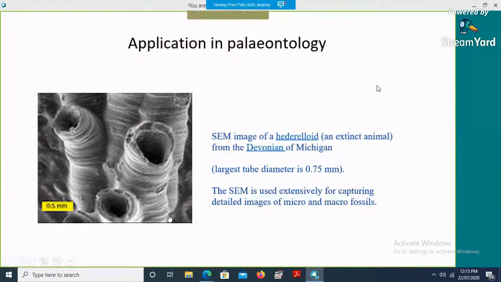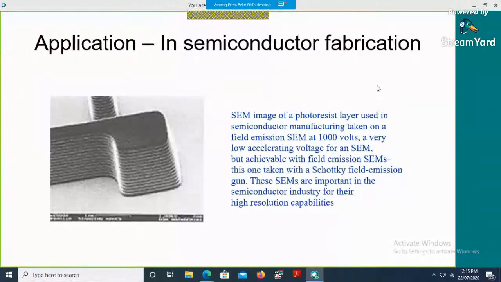Not only this, another very important application of scanning electron microscopy is in electronic fabrication. All your computers, mobile phones, and electronic devices work based on electronic fabrication, right? When integrated chips are made, you start with a silicon wafer, and on it you first apply a photoresist, then do the patterning.